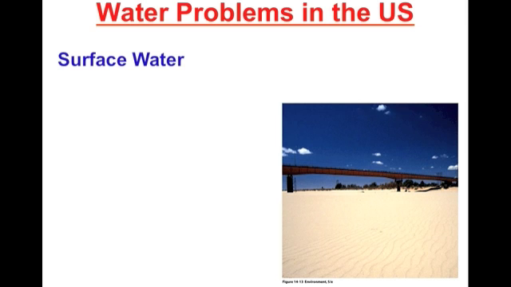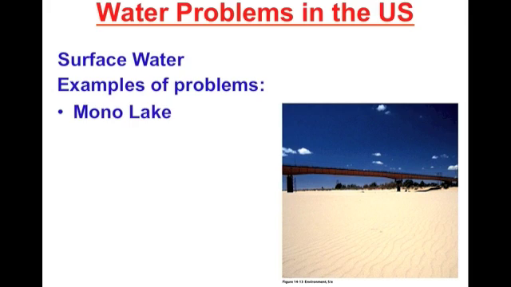Some water problems here in the U.S. include water issues related to surface waters. Some examples of those would be Mono Lake. Mono Lake is located in California, and it's a large freshwater lake. What we talked about earlier is that even freshwater has small amounts of salt in it. And what happened is this freshwater lake was really controlled by snowmelt.